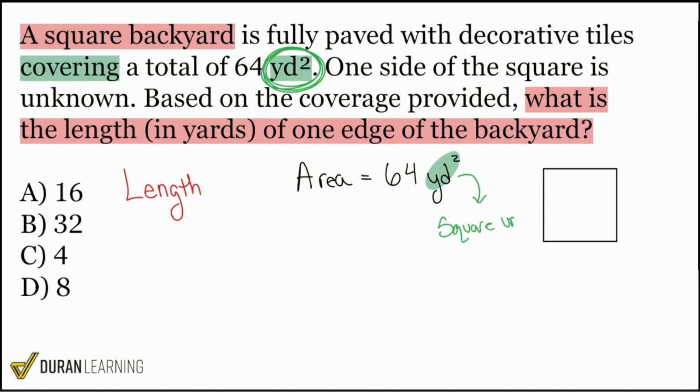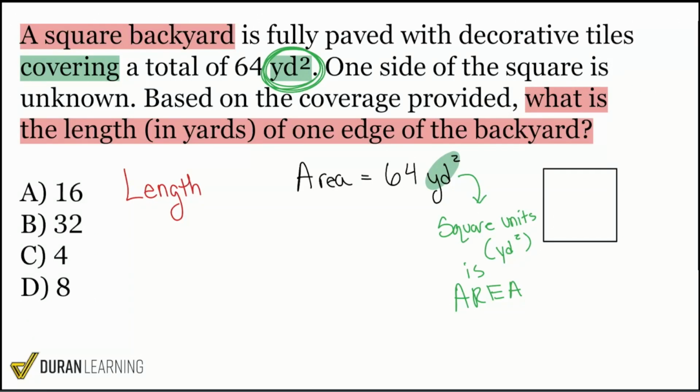Yards squared is area. This is your biggest introduction to this concept here. Making this mistake right now is much better than making the mistake on test day. So, as frustrating as it might be to not get it right, don't worry. We're learning. We're good. You have every chance.